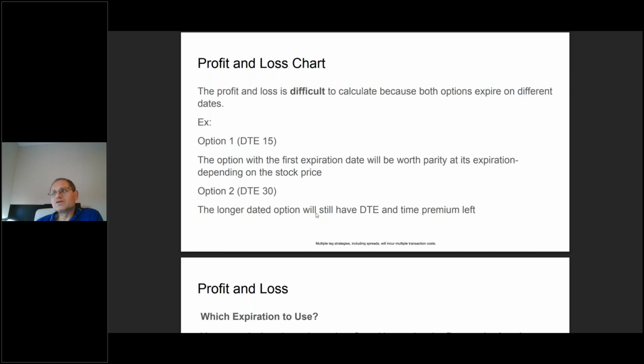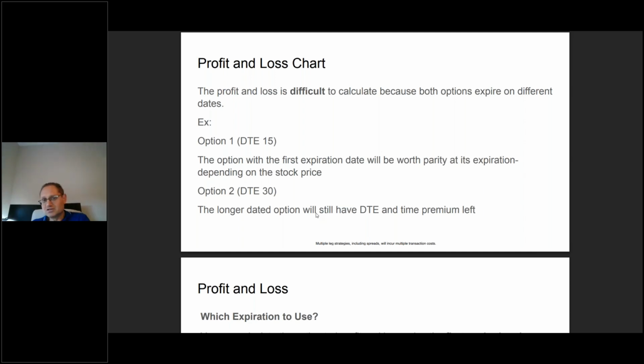For a strategy where all the options expire on the same expiration, it's a little bit easier to calculate, because the option is either out of the money and worth zero, or in the money and worth its intrinsic value, the difference between the strike and stock price. But in a situation where we have two different expirations, we can't do that, because when the shorter term option expires, we still have another option that will expire at a future date.